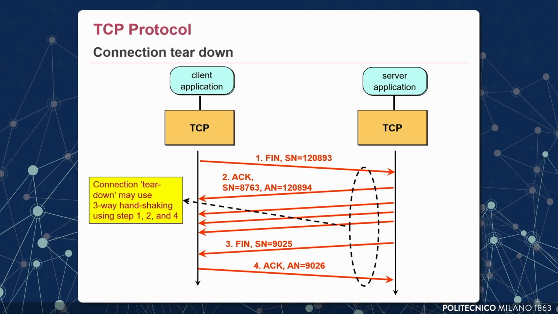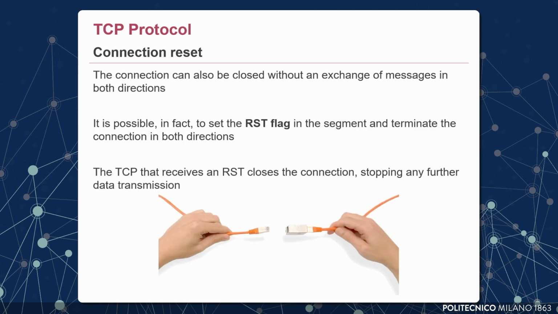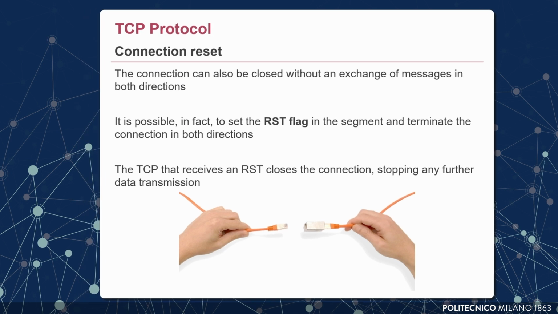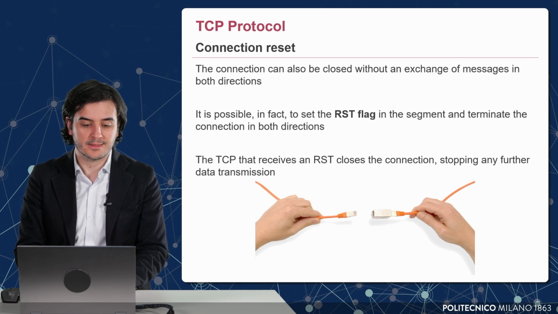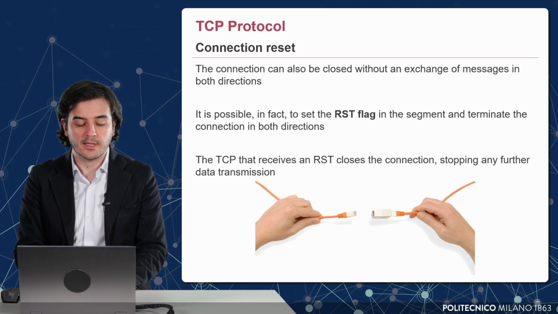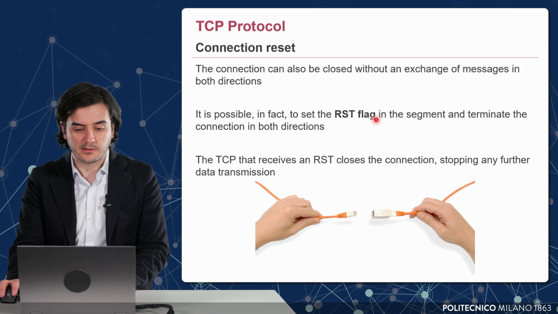Here we can see that the connection teardown may also use the concept of three-way handshaking, by using steps 1, 2, and 4. It is also possible to reset the connection. In fact, the reset of the connection can be done by simply setting the flag called the RST flag.